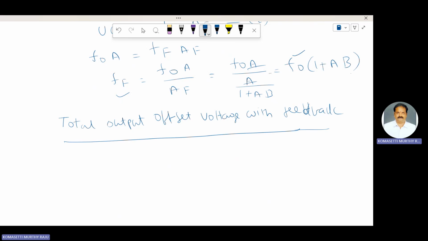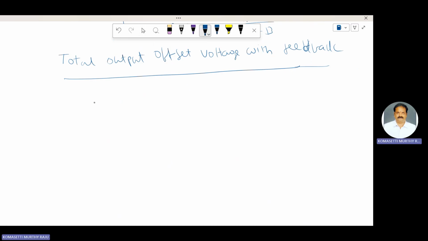It disturbs the operation of the operational amplifier, so we need to eliminate it. The output offset voltage is due to input offset voltage, input offset current, or bias currents. To reduce it, we use feedback. Therefore, the total output offset voltage V O T is equal to plus or minus V saturation by 1 plus A B.